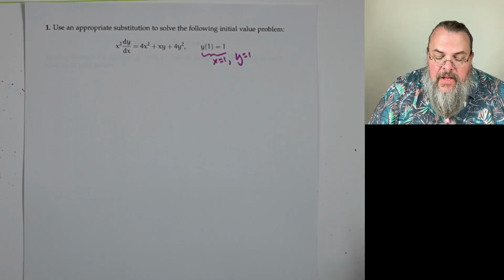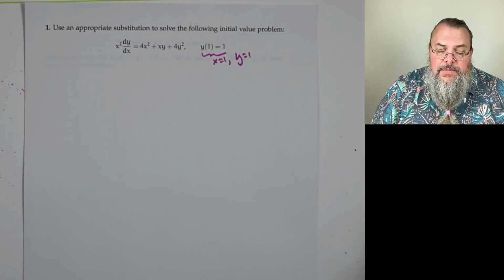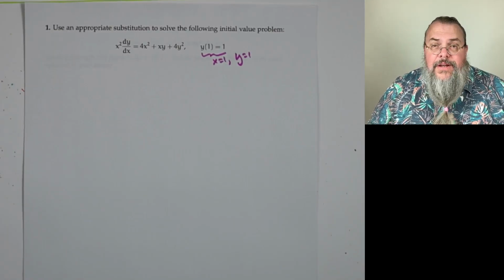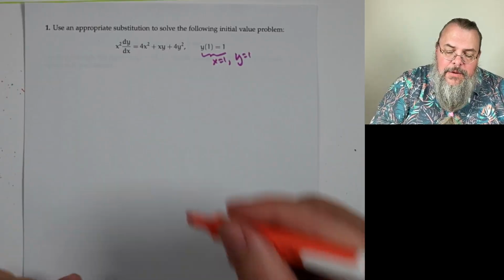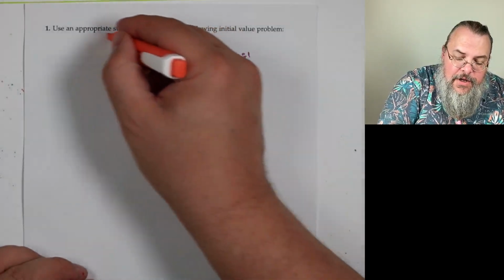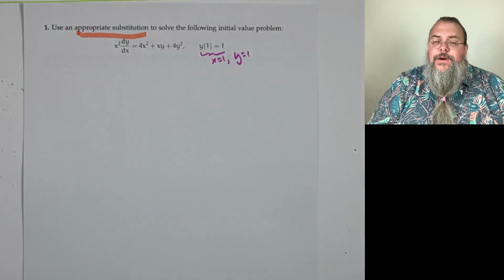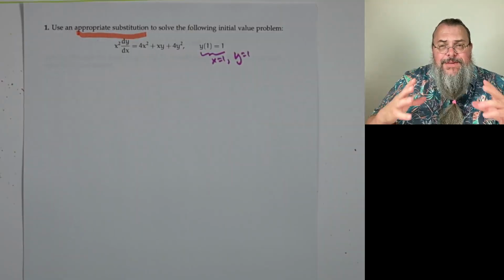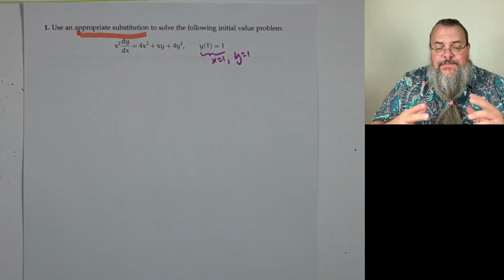Okay. Now, how to begin? Well, we know we're going to make a substitution, right? And we're not just going to make any one. We're going to make an appropriate one. Well, what flavors do our substitutions come in? They generally fall into 2 categories.